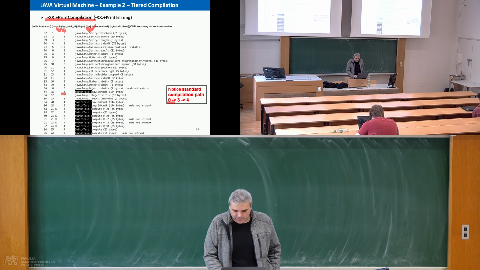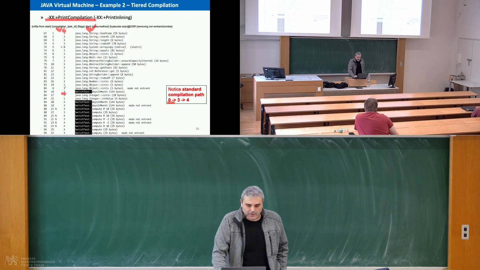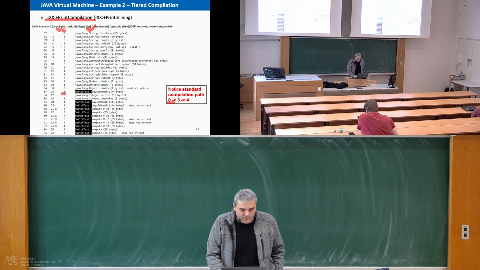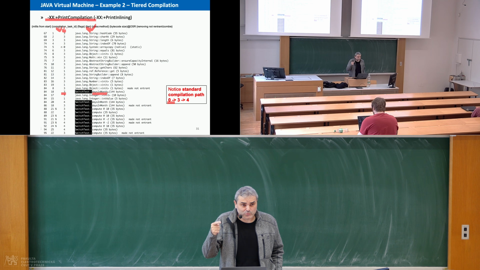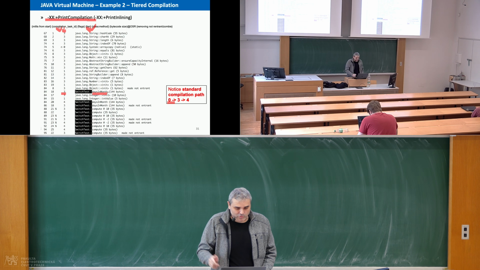That's simply the number 3 in the listing here for the days in month, because that's the method which is inside our cycle. So that's the first one which is identified as a hotspot in our application because it's called too many times.